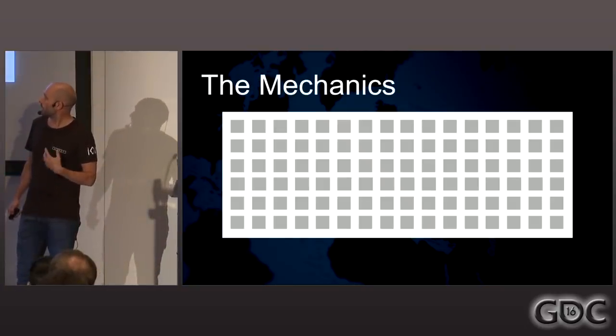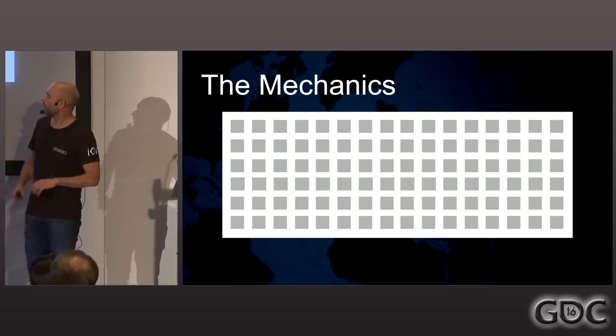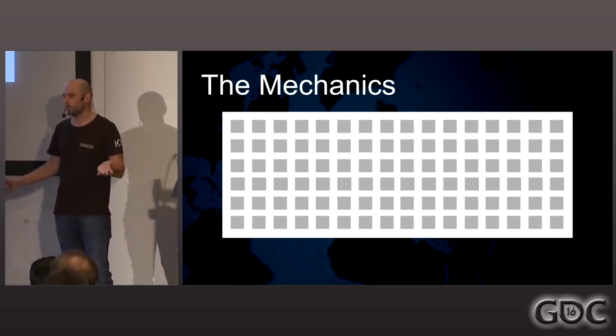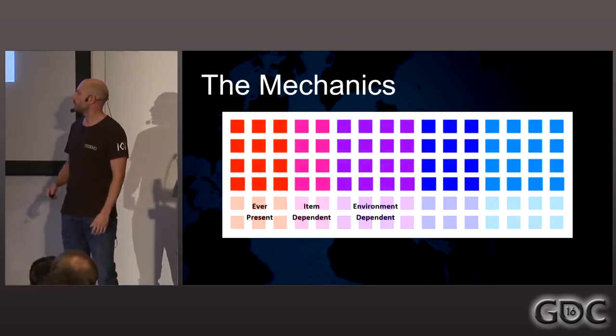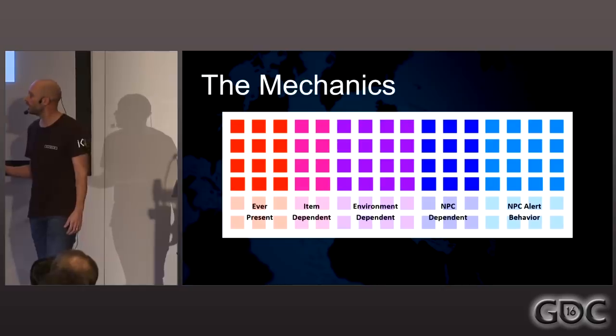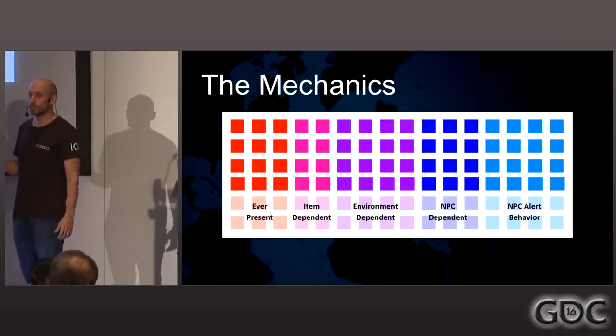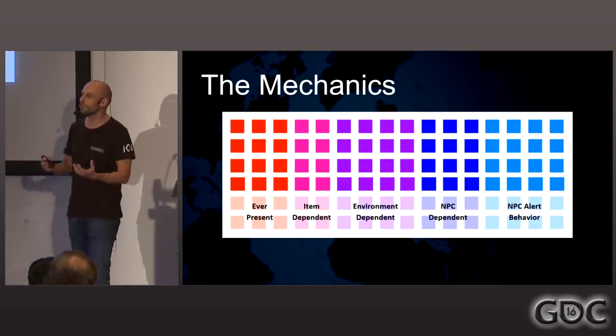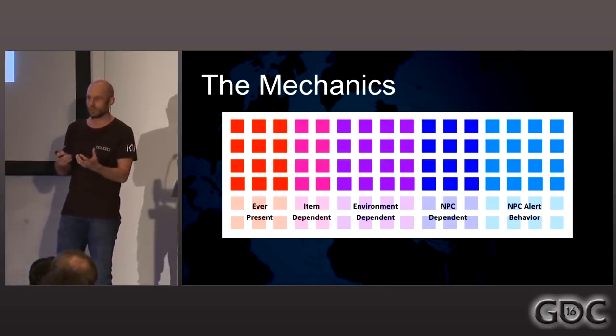So what we did for this prototype is that imagine this is all the mechanics in a Hitman game. The way we looked at them was that they can be roughly divided into these 5 categories. We have the ever-present ones. We have the item-dependent ones. Ever-present ones is like running and crouching and all the stuff he can do without, it's like you and the controller.